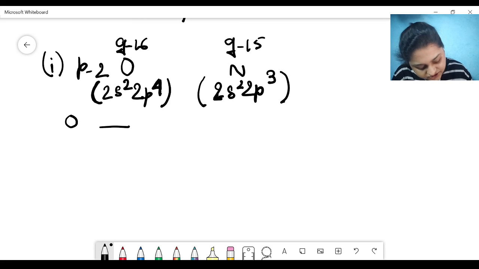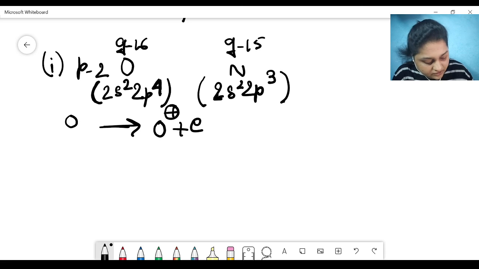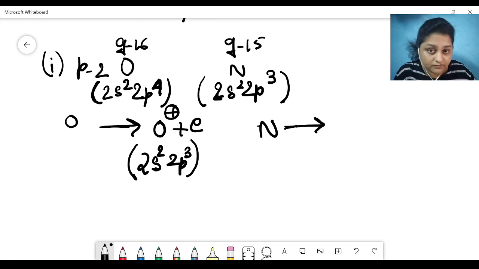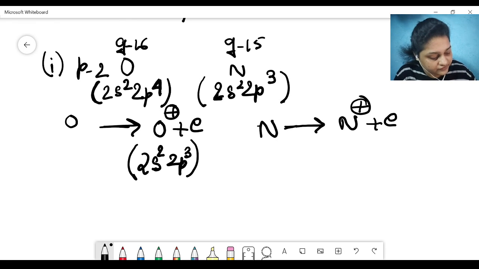So when oxygen loses one electron and produces O+ during first ionization, the electronic configuration results in 2s2 2p3. Whereas for nitrogen, when it loses its first electron from the last valence electron, it becomes N+, and the electronic configuration results in 2s2 2p2.